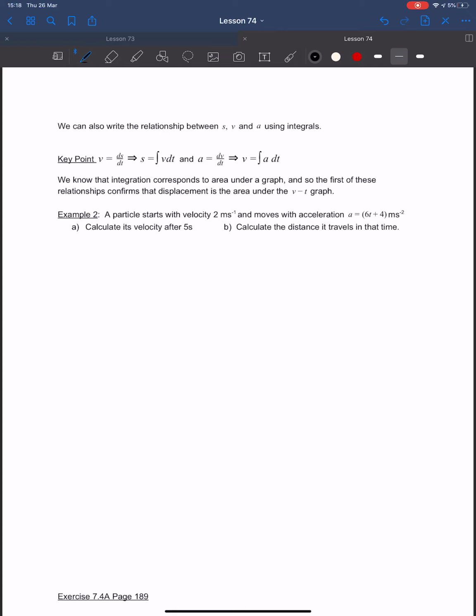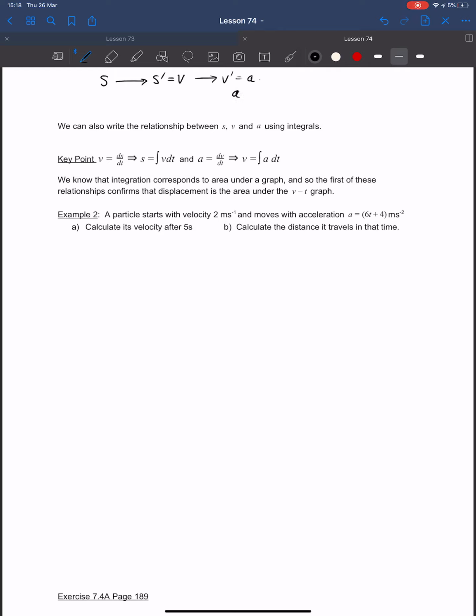Let's see what it says here. Velocity is ds by dt, so this means that s, integrating both sides with respect to t, is the integral of v dt. Acceleration is dv by dt, so v is the integral of a dt. So it's going backwards. If we start with s, we can do s dashed, which is v, and then v dashed, which is a.